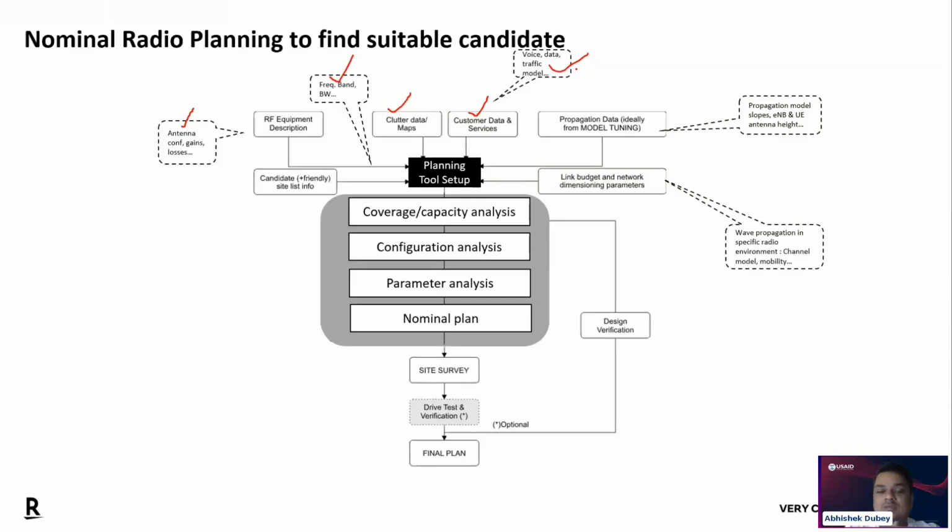Nowadays most telecom operators are more dominant towards data traffic. So if the traffic model is more dominant to data, accordingly you have to plan the site, because that is going to affect your nominal plan, the position of the nominal sites, and also obviously the number of sites, right?